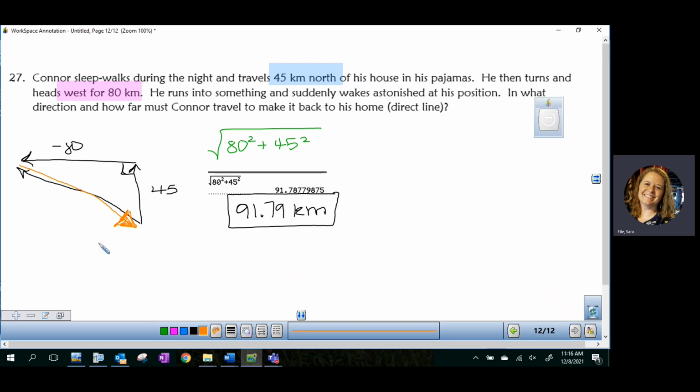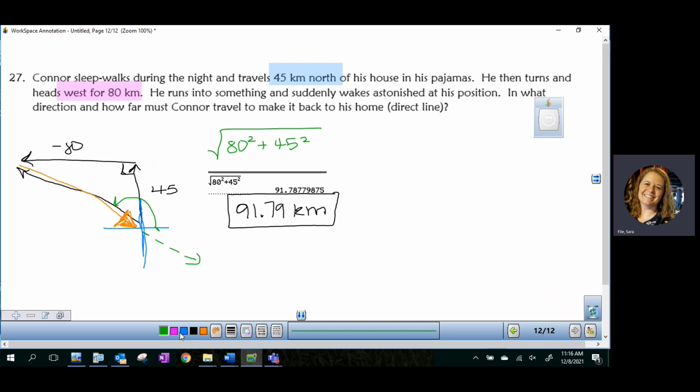Do y'all understand that? Okay, so when we find the angle, if you think of this as the XY axis, we actually need the opposite of it. So when we find that angle, we actually have to add 180 to it for it to go this way. Does that make sense?